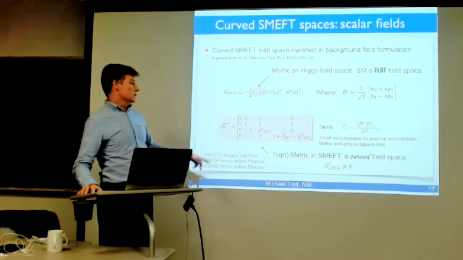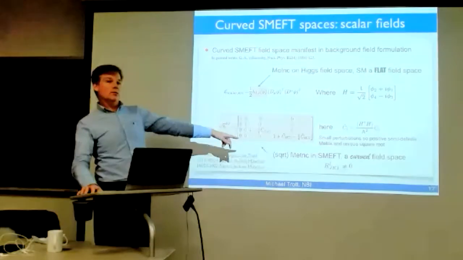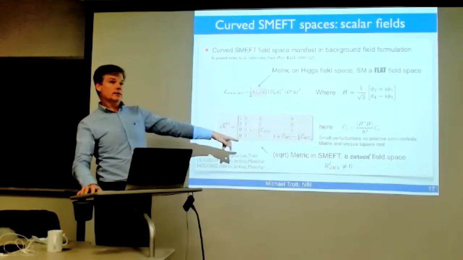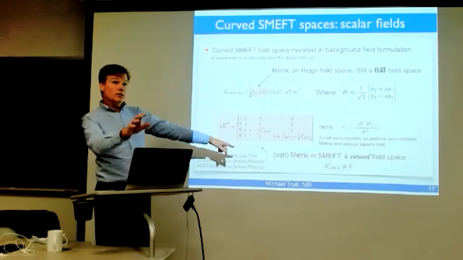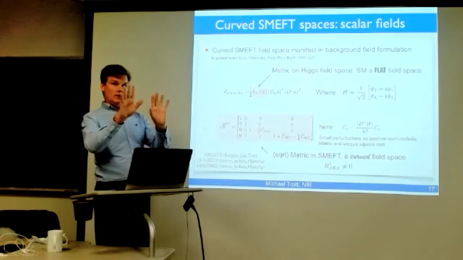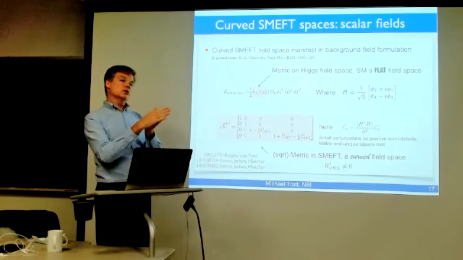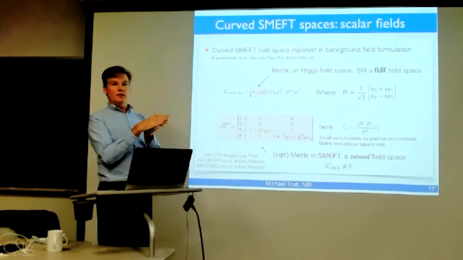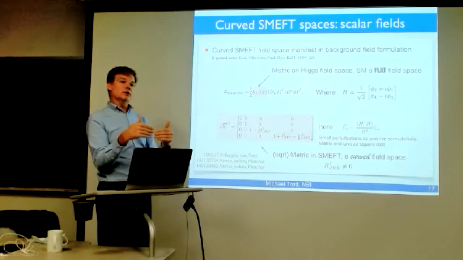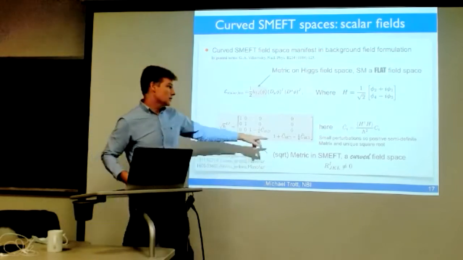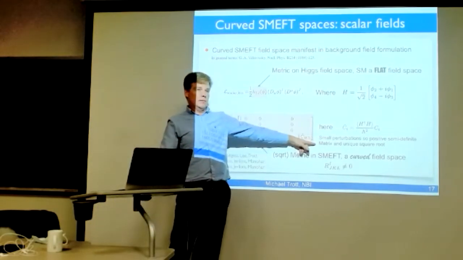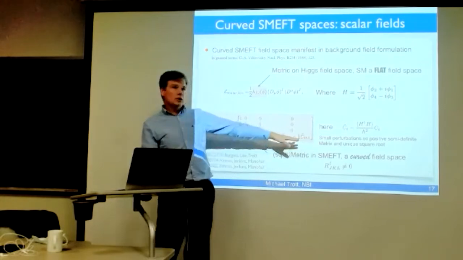Right. Yeah. So the thing is, there are small perturbations around the standard model is the key point. So there's a well-defined square root. And you're right in general. If the perturbations are large, then absolutely correct. But when the perturbations are small perturbations around a flat space, then there's a well-defined square root, which is what this comment is about. It's a positive semi-definite matrix. Okay, so there is a unique square root.